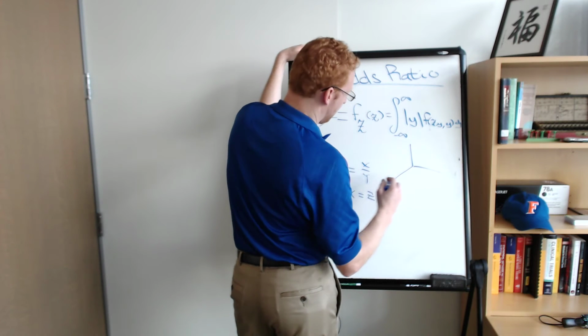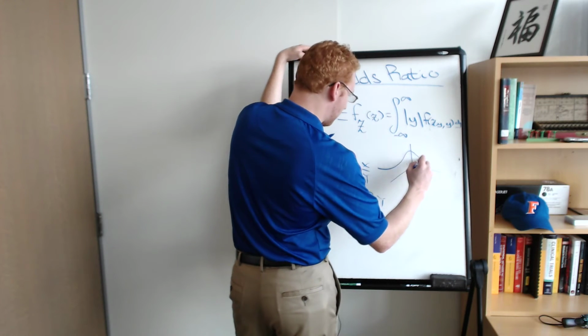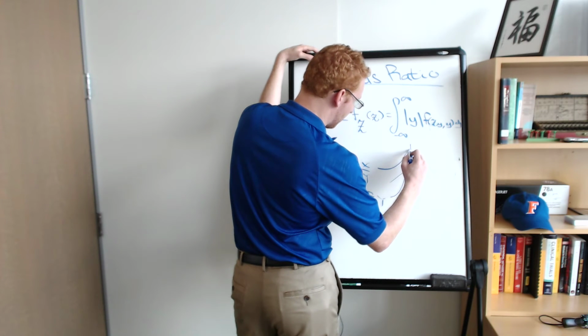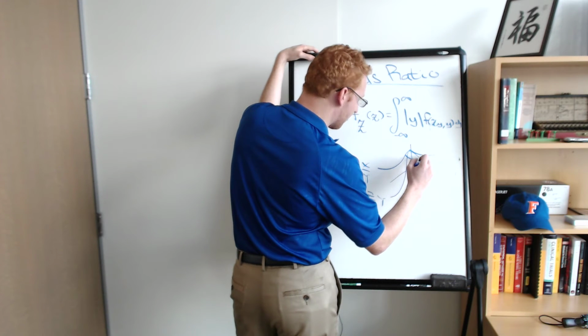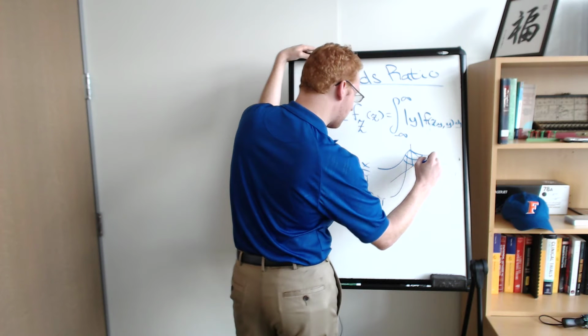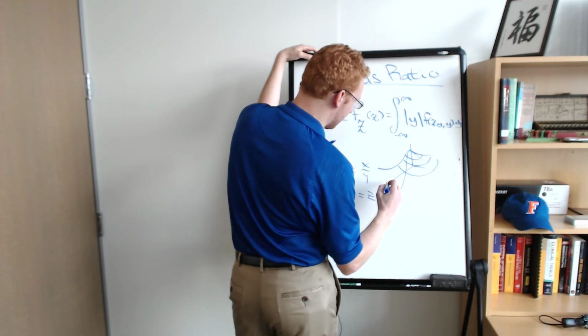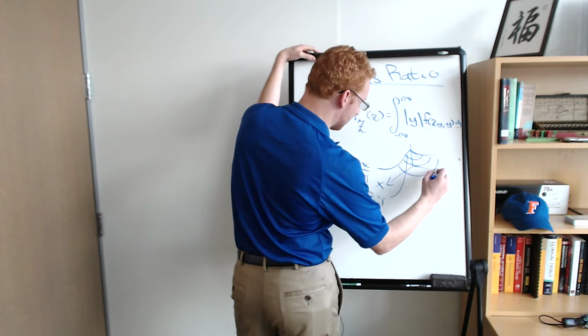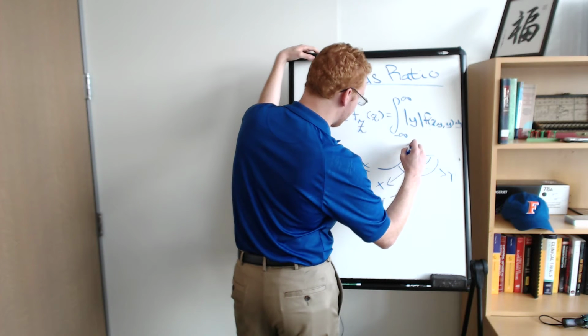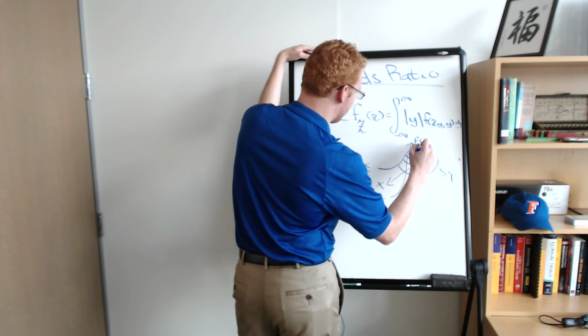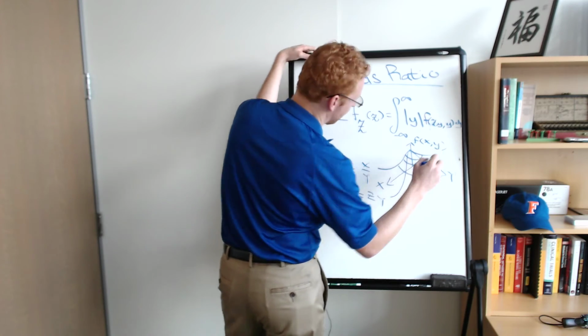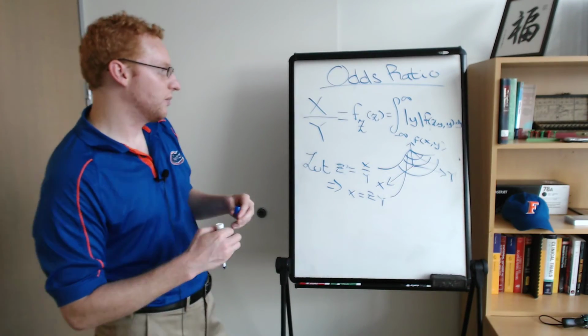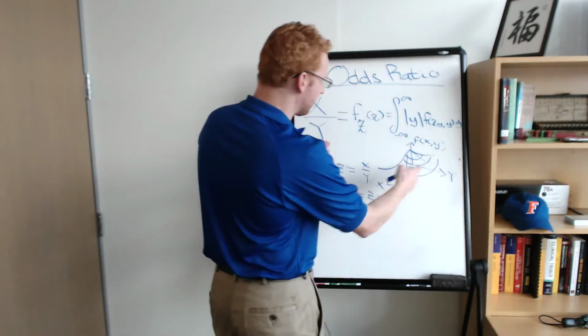So say that's x, this is y, this is f of x comma y. We're going to integrate this whole thing every time.